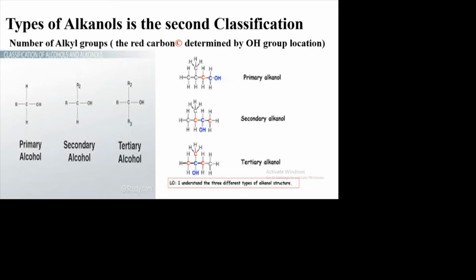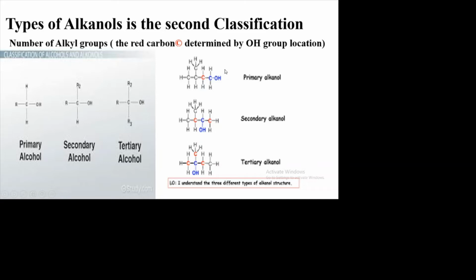So looking at the structure below, primary alcohol is also known as primary alkanols, which is first degree, second degree, tertiary is third degree. Now, looking at the structure, you will discover that this one has one alkyl group, two alkyl groups, three alkyl groups. So 1, 2, 3, 1, 2, 1, just 1.